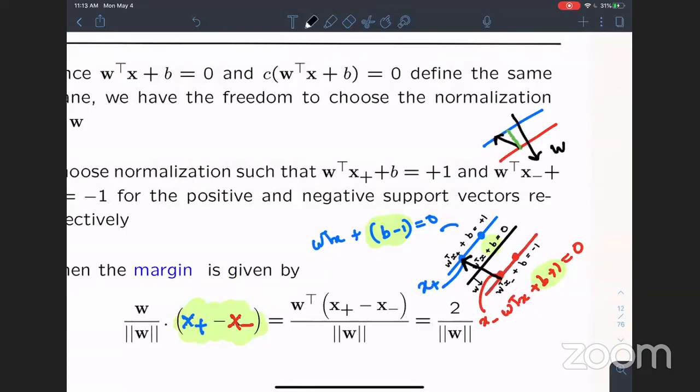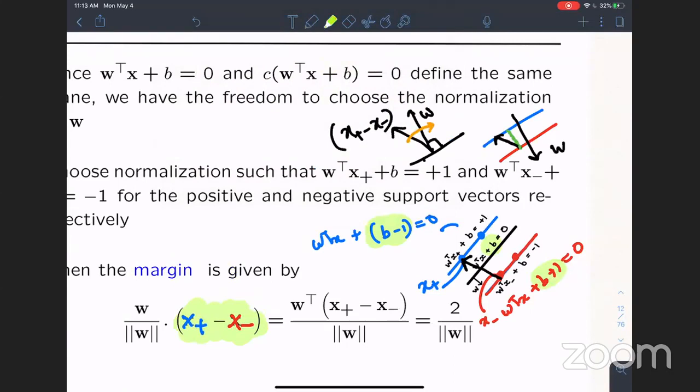If you want to draw it upwards, it's fine. Basically, the perpendicular to this plane is characterized by W. So if this is your x plus minus x minus vector, you find the projection of this line on W, which is basically a dot product.